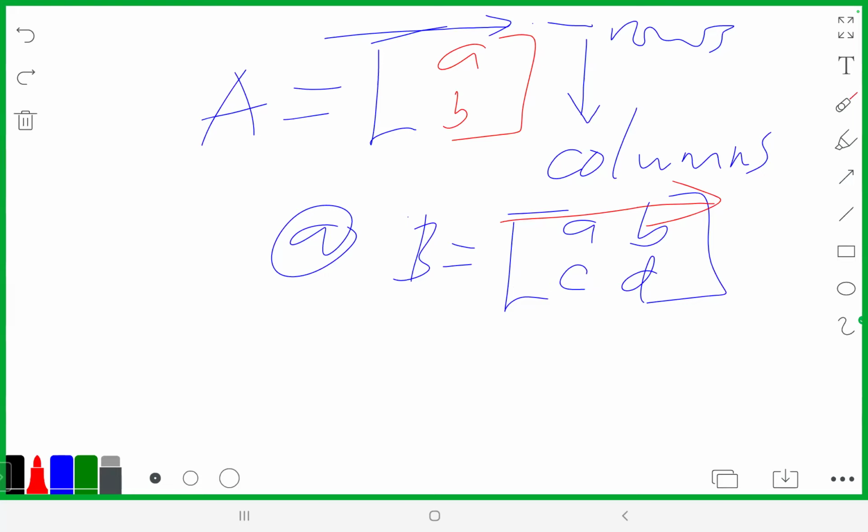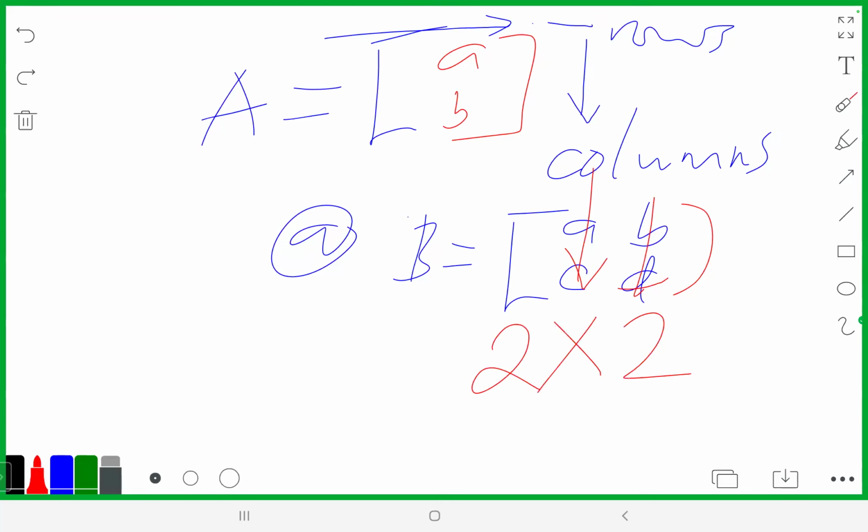How many columns are here? When you observe critically, you will realize that there are 2 columns as well. So this matrix is a 2 by 2 matrix. That's how it is called. The order of this matrix is 2 by 2.